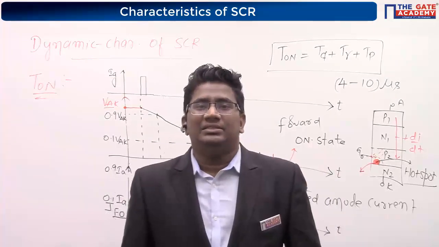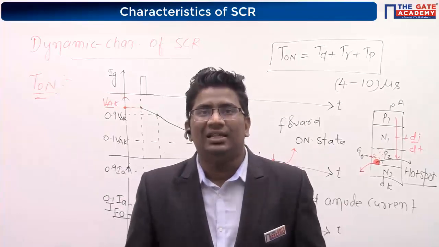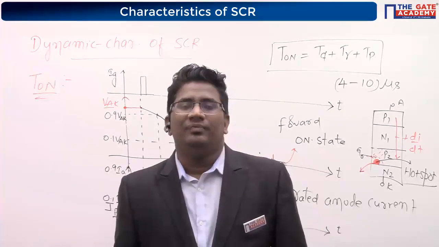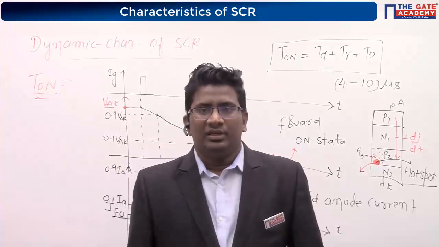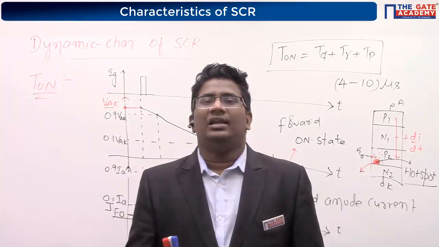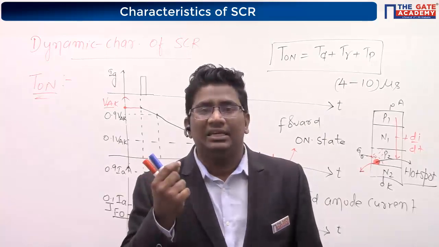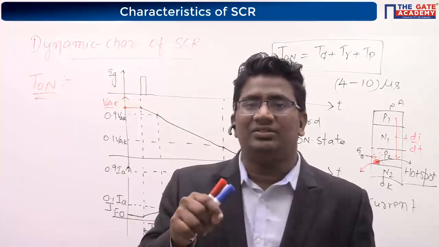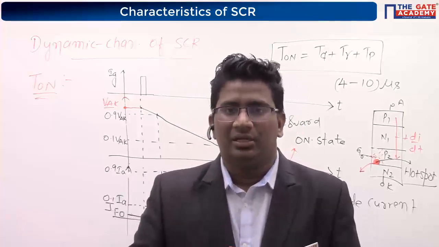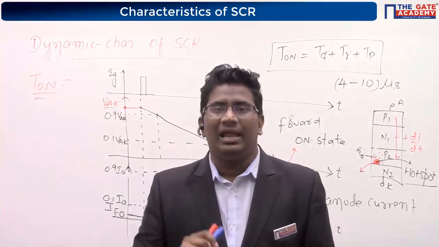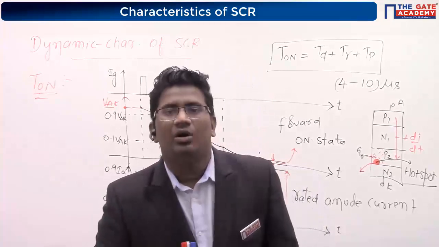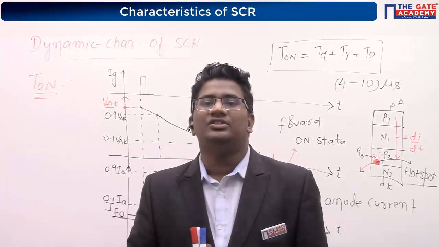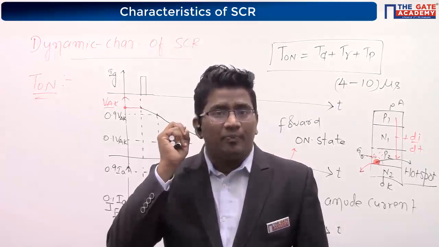Yes, write down that. If the charge spread velocity is less than the external di by dt, then all the charged particles will accumulate at one particular place.